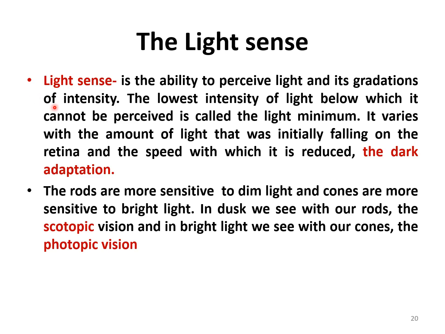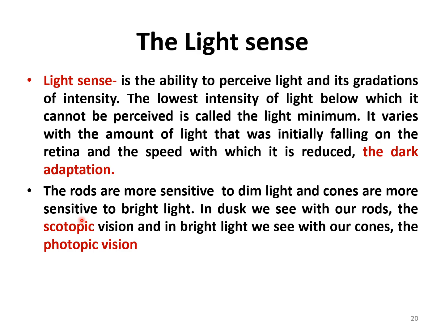Light sense is the ability to perceive light and its gradations of intensity. The lowest intensity of light below which it cannot be perceived is called the light minimum. It varies with the amount of light that was initially falling on the retina and the speed with which it is reduced, the dark adaptation.